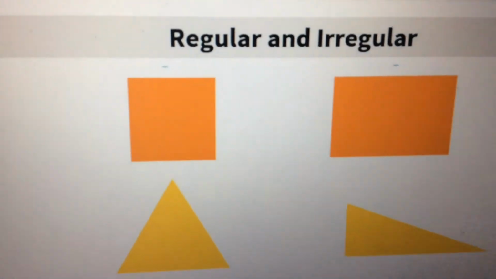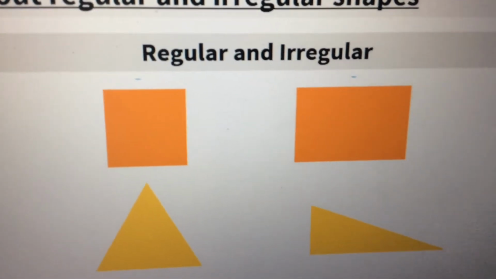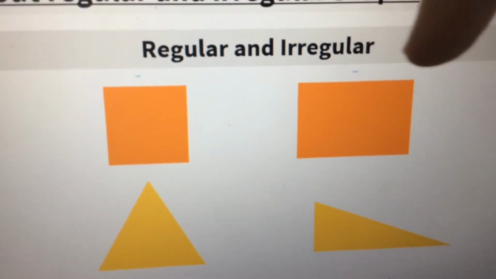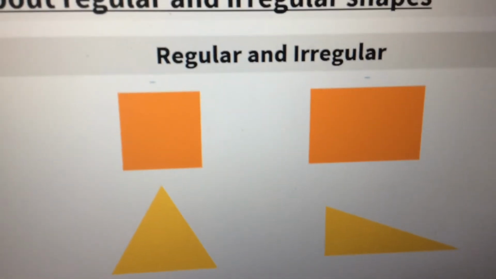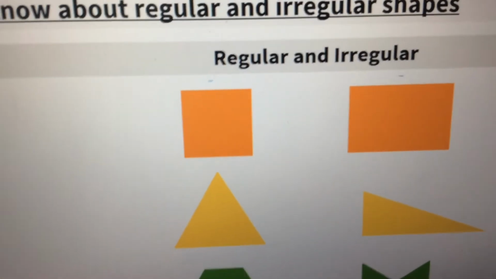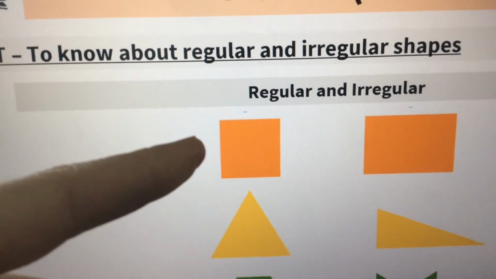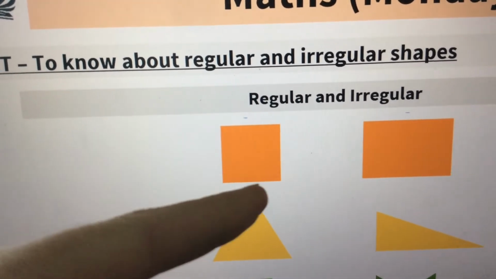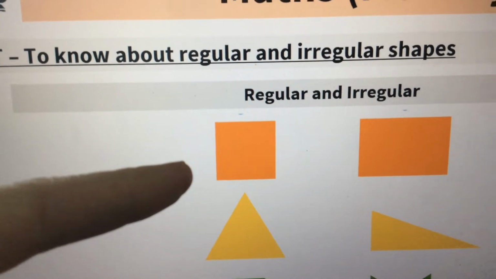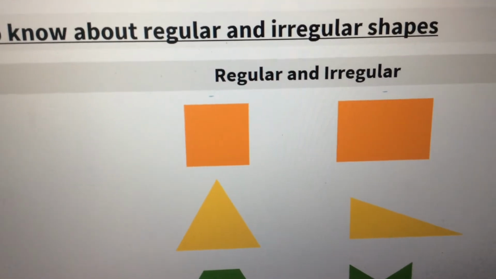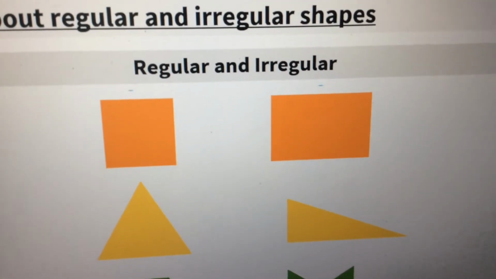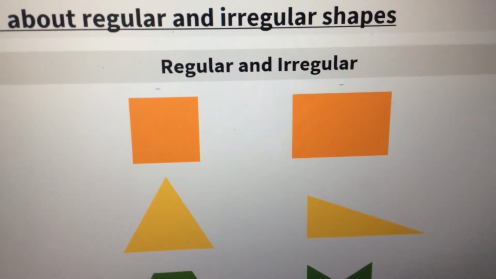Now these orange shapes, we've got a square and we've got a rectangle. Now a square is a regular shape because all the sides are the same length and all the angles are the same, which is 90 degrees. Now the rectangle is very similar to a square.